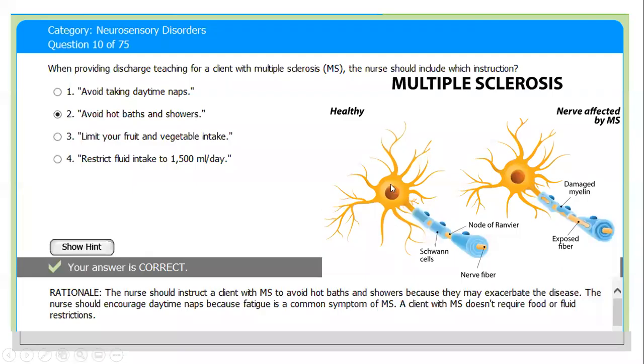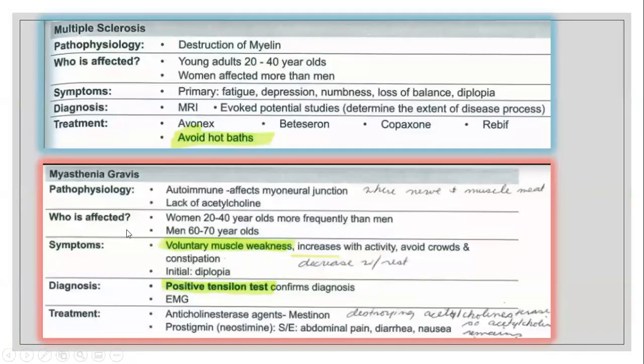Usually, like this, one neuron is attached with another neuron. That area is affected, right? And also there is a lack of acetylcholine. Acetylcholine is a neurotransmitter.